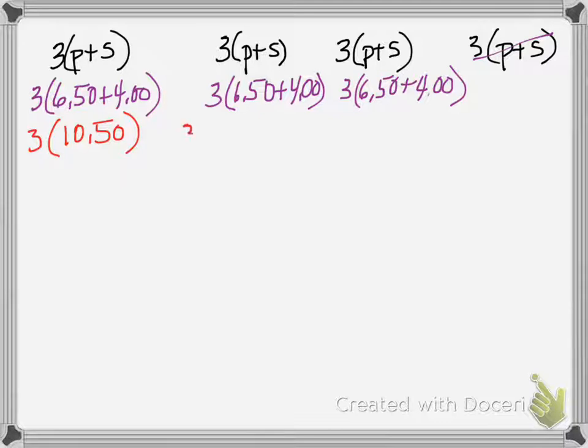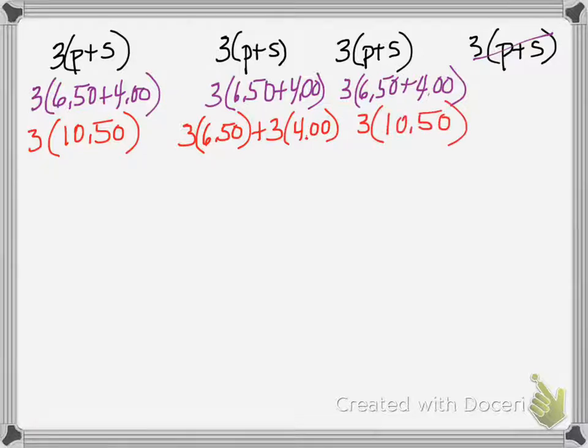You could have gone 3 times $6.50 plus, and I'm not sure, maybe some of you did do this. Again, good practice to get into, working with that distributive property. And in another one, you might have done the same as what I did in the first scenario, the same thing.